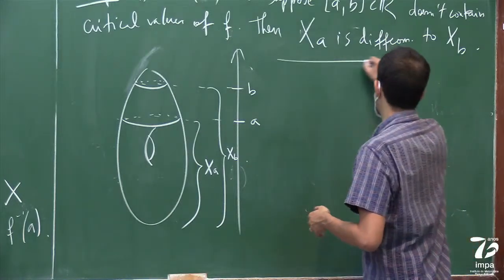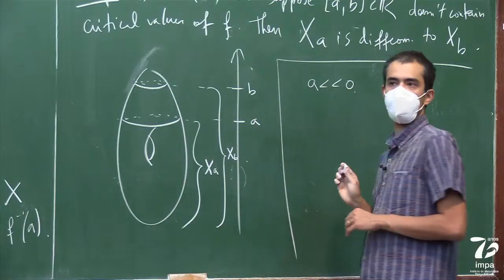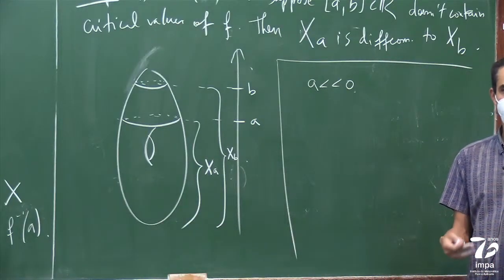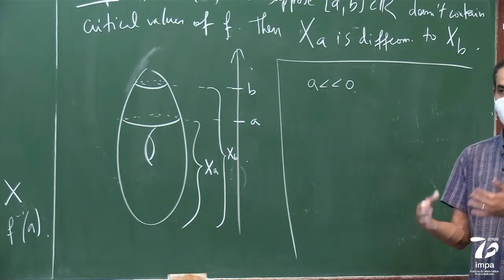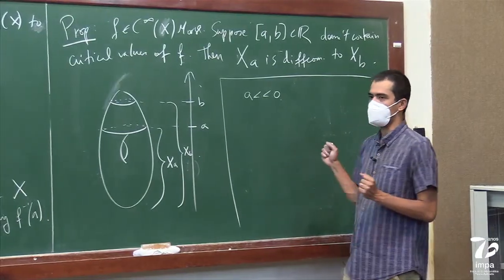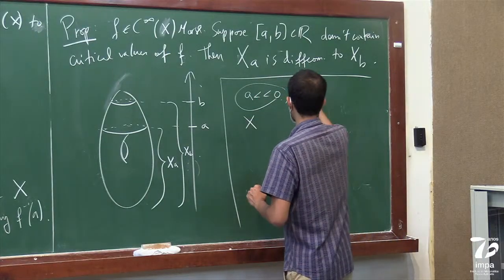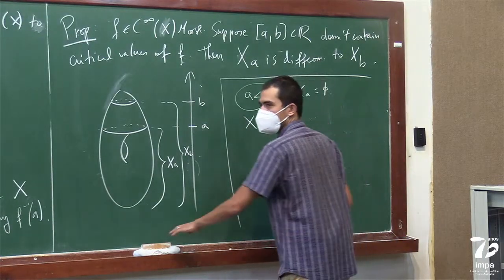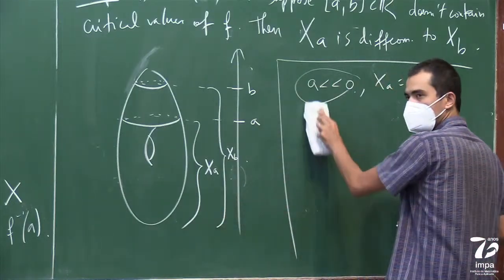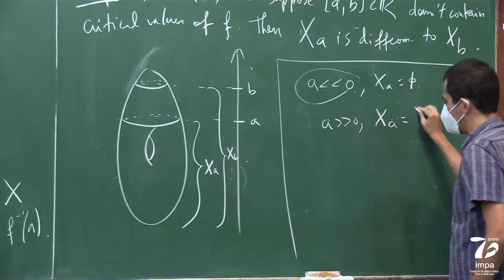So if A is really small, below the image, which is a compact subset of R because the manifold is compact, then X_A is the empty set. And if you take A that's really large, then X_A is the whole manifold.